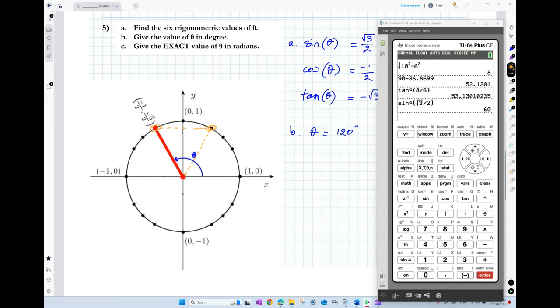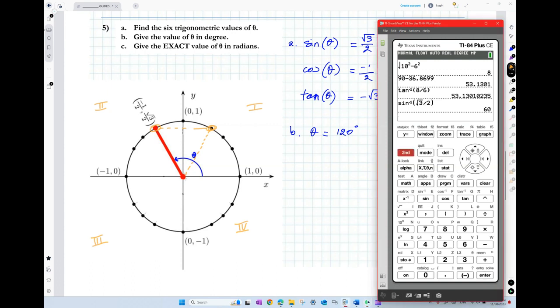You need to be aware whether the angle is in quadrant 1, 2, 3, or 4. If you use the calculator, if you know your unit circle, it's not an issue.